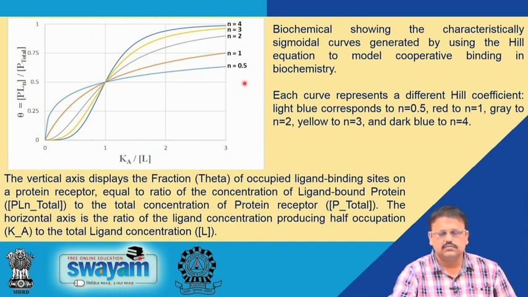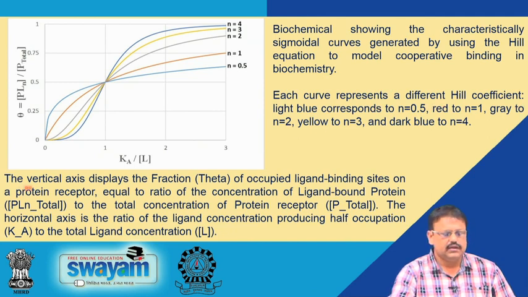As the n value is 1, 2, 3 and 4, different diagrams have been plotted here, and each curve represents a different Hill coefficient.